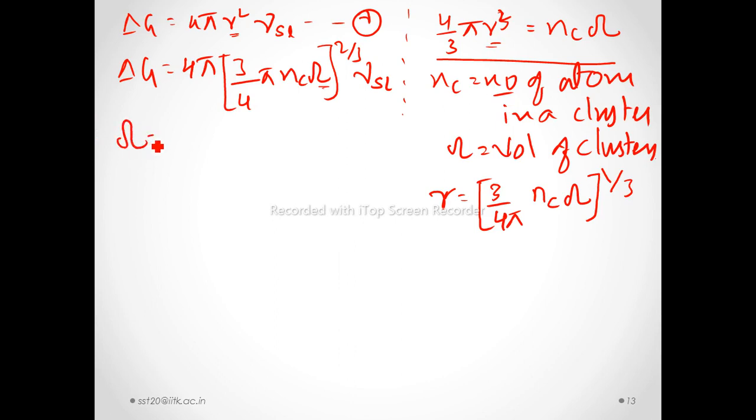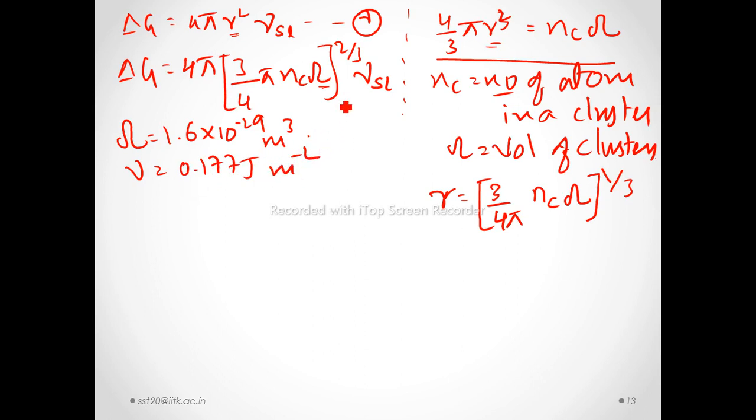Omega is given, that is 1.6 into 10 to the power of minus 29 meter cube, and we know gamma of SL. Then substituting these values, write gamma of SL also here for our reference, 0.177 joules per meter square.